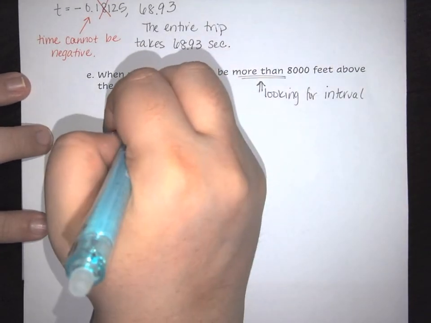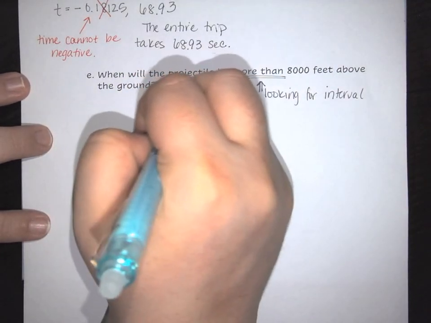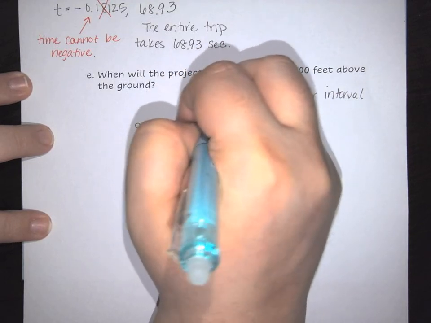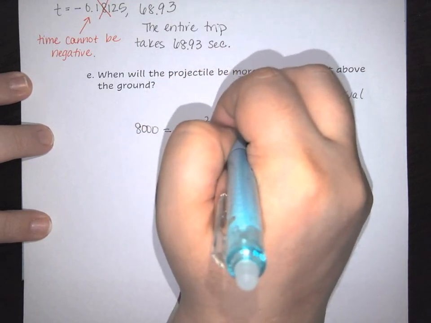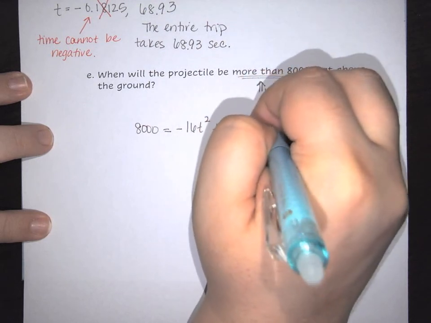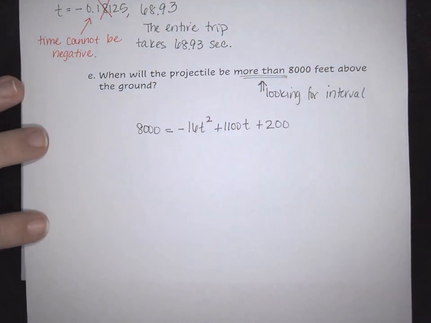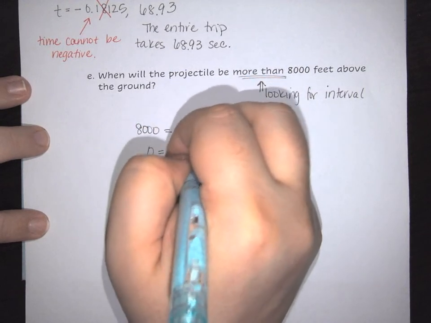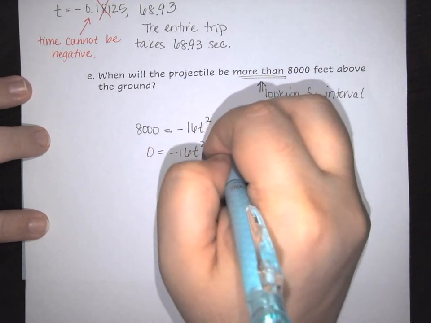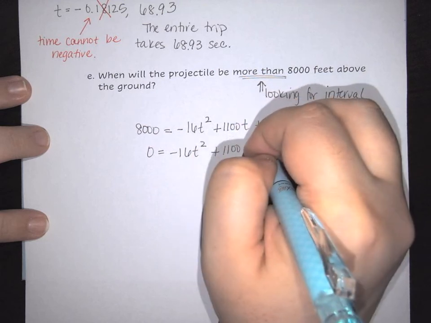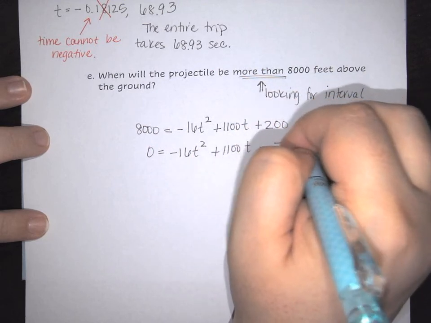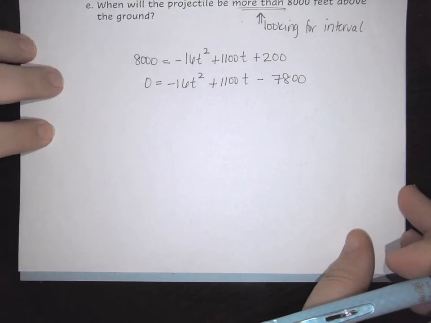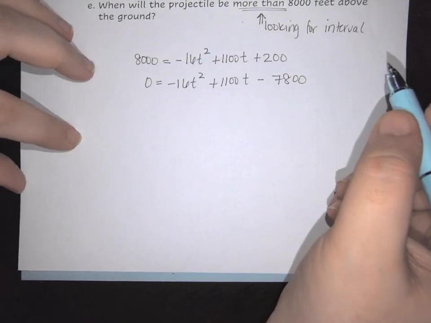So this is telling you that you have that 8,000 feet is your height, and you have minus 16t squared plus 1100t plus 200. And so we need to go ahead and solve. So to do that, we set it equal to 0. And now we can identify our A, B, and C, because what you really want to do is use the quadratic formula.